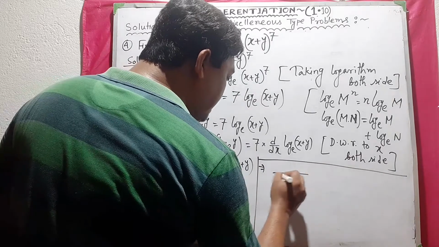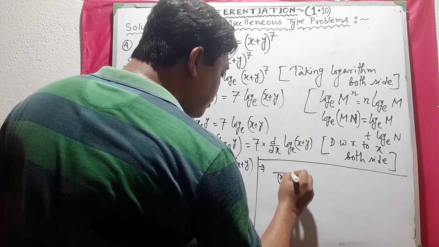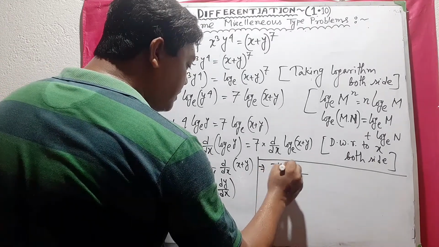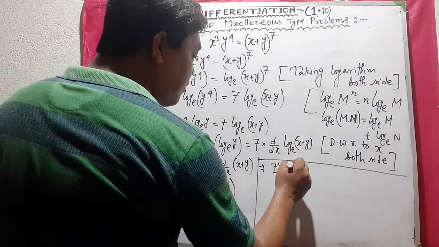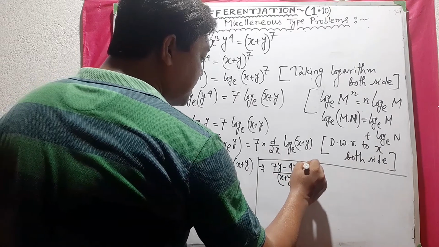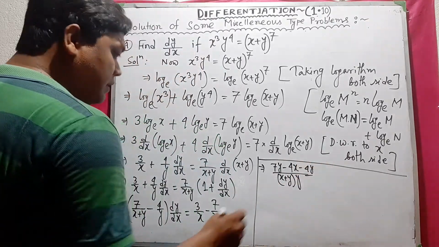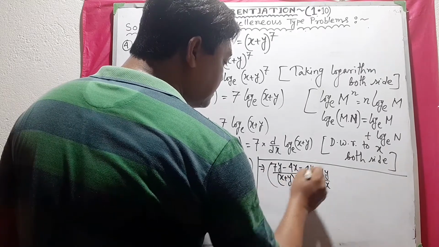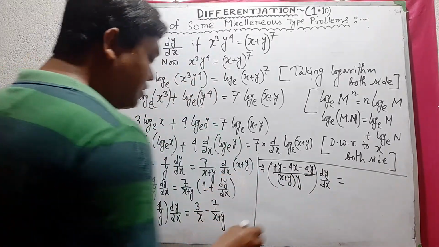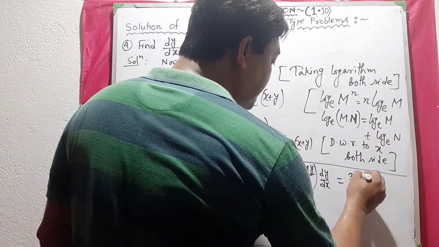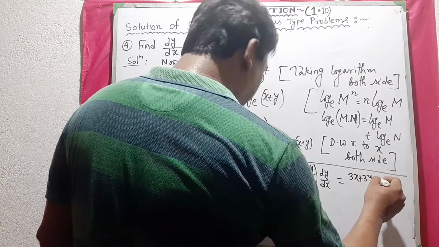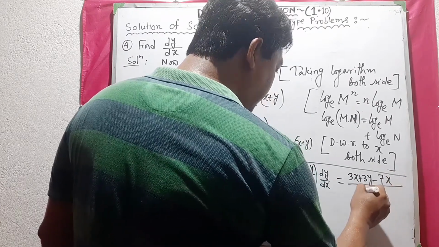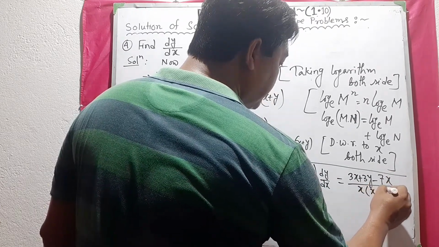So (x plus y) into y is the LCM, so that gives (7y minus 4x minus 4y) dy/dx, and this is also (3x plus 3y minus 7x) by x into (x plus y).